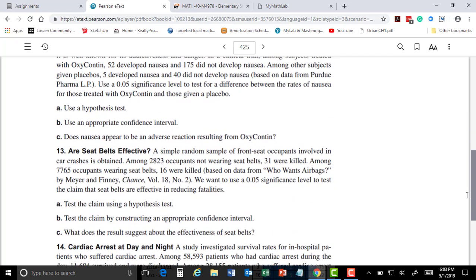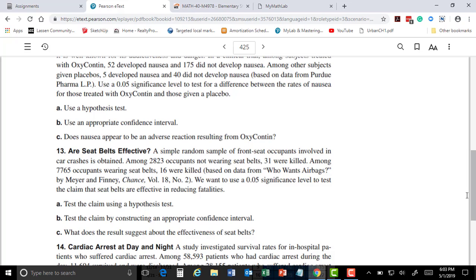This should be all sorts of nice, good examples. Airbags. Here's that study right here. A random sample of front seat occupants involved in crashes.